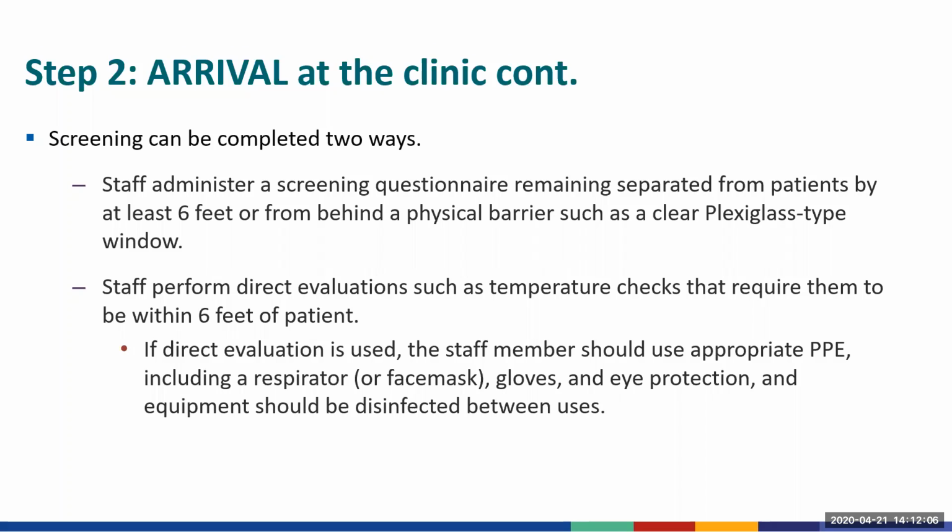Staff within 6 feet of the patient who may be performing these types of direct evaluations should use appropriate PPE, including an N95 or higher level respirator, or a face mask if a respirator is not available, gloves, and eye protection. Equipment such as thermometers should be disinfected between uses.